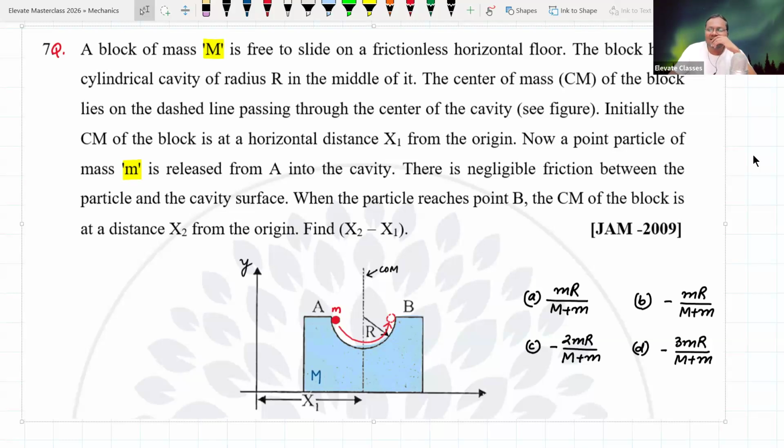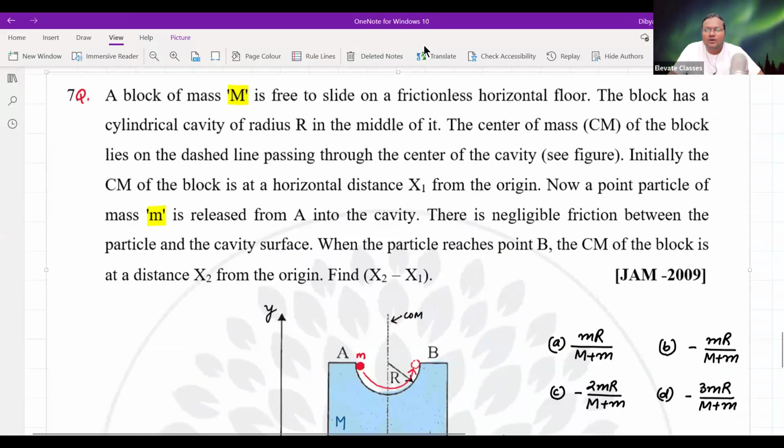That's it. Based on that, find out x2 minus x1. So x1 is the center of mass of the main object initially, and x2 is the center of mass of the main object at a later stage. But the combined system's center of mass will remain unchanged. Sampurnananda, your answer is correct. Good. Vivek, your second option is correct. Good.